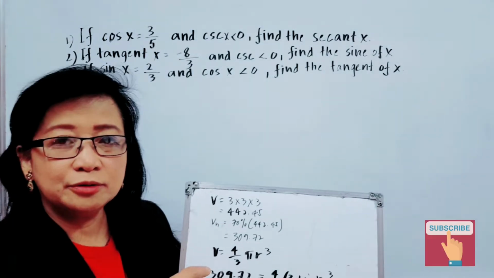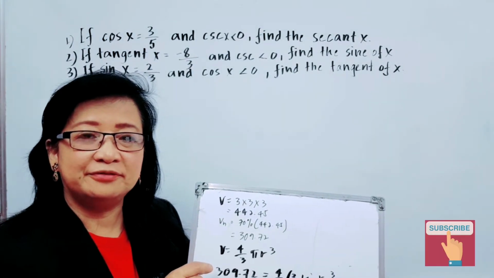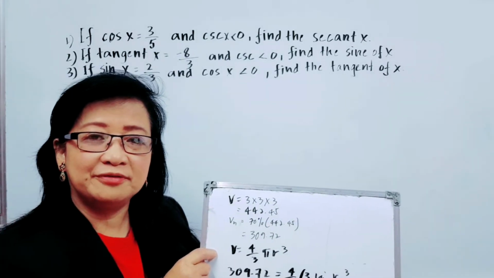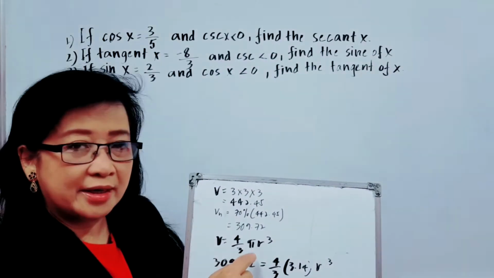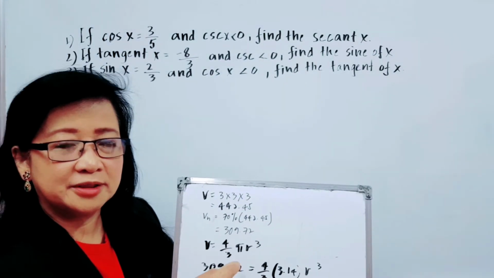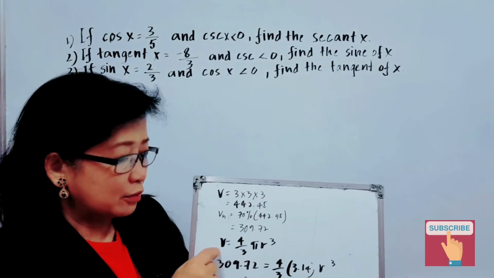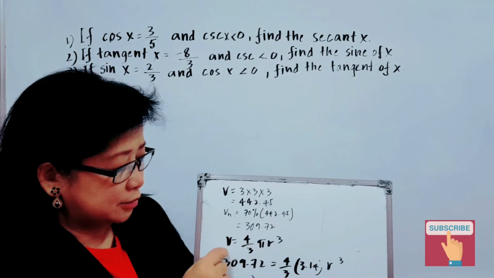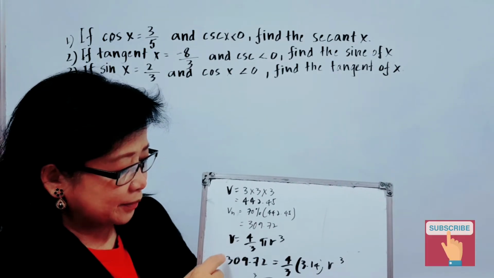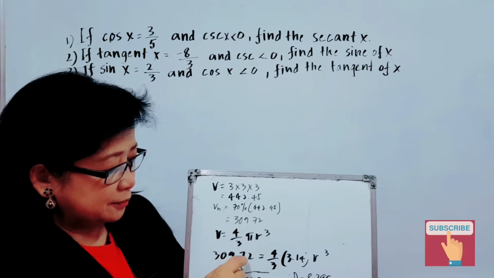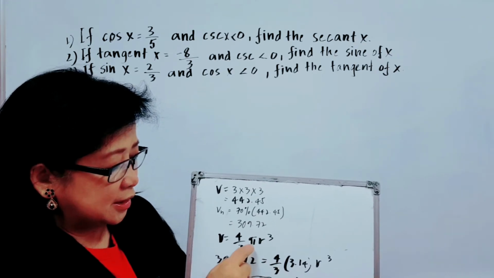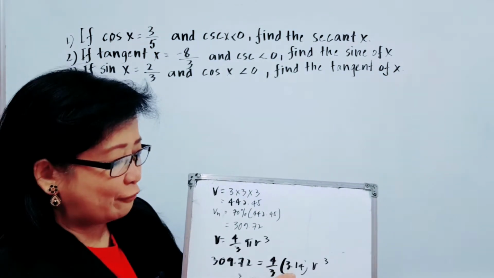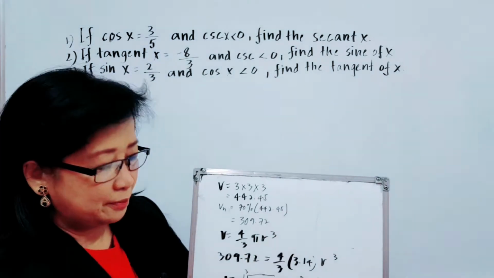Now, because we're looking for the diameter of the spherical shape, we have to use the volume of a sphere, which is equal to 4/3 pi r cube. This is the formula for the volume of a sphere. Because we have the given new volume, which is 309.72, substitute this: 309.72 is equal to 4/3 times pi, which is 3.14, times the radius cube.